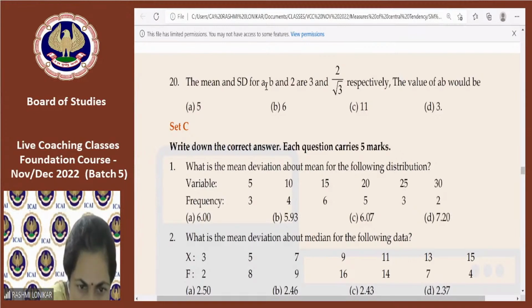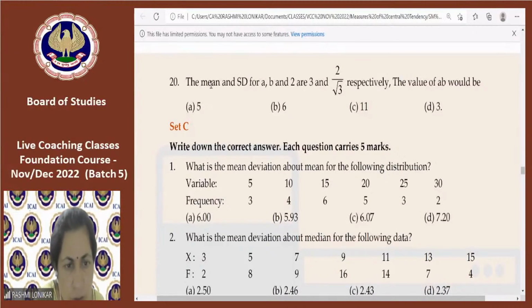There's something missing in this sum. Mean deviation for A is 2. A and B are 2 and 3 and 1. There must be 4 values, but there are only 3 values over here. We need a fourth value also.